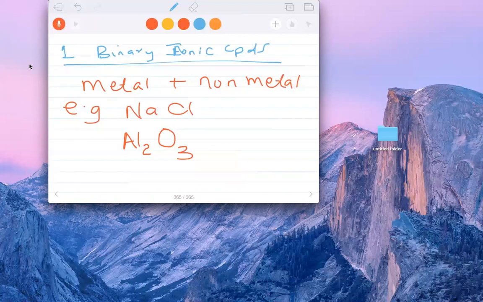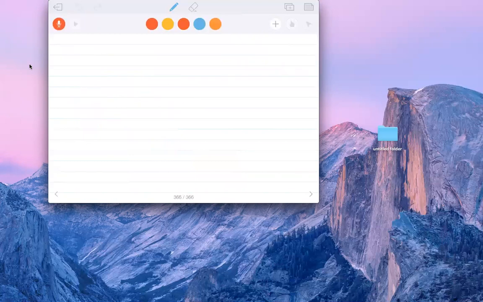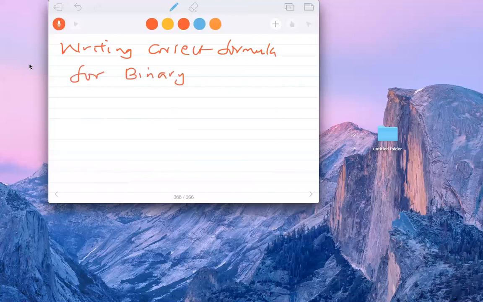Let me just give you a rule which works for writing the correct formulas for binary ionic.